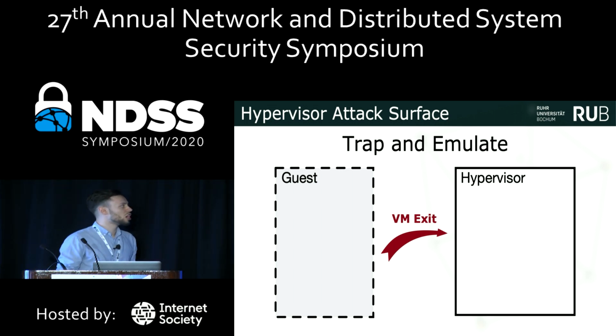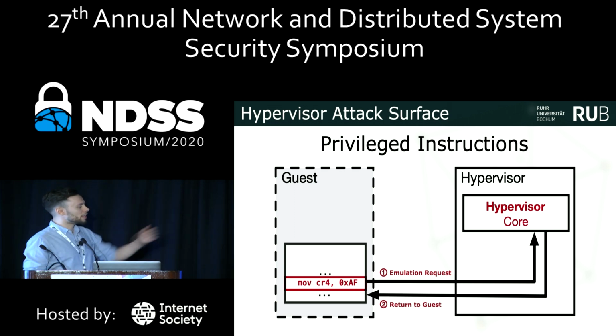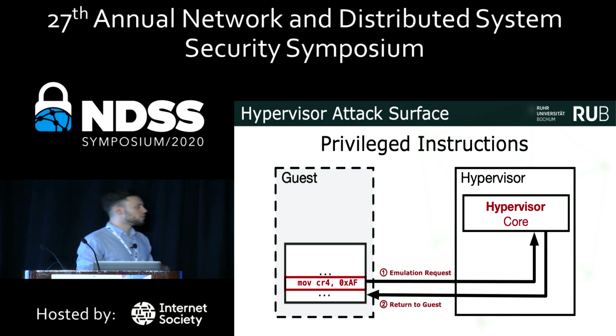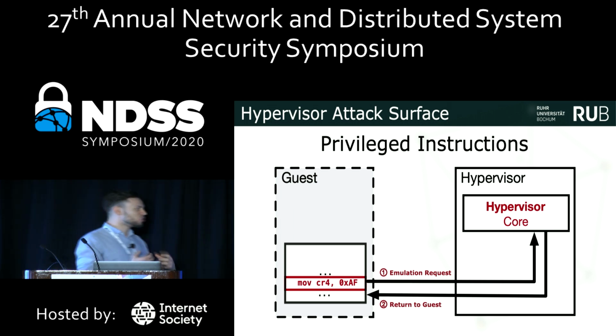This approach is called trap and emulate, and it's utilized by virtually any hypervisor available. If there is an exit reason, you just trap and emulate everything. Here's an example: the guest tries to execute the mov CR4 instruction, and writing to a control register is not a good idea. So there is a trap, an emulation request.